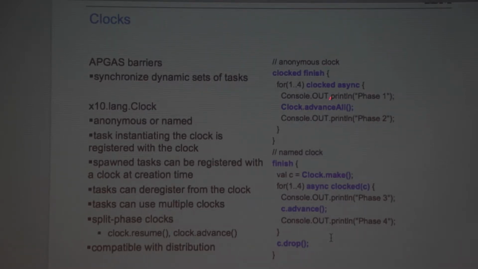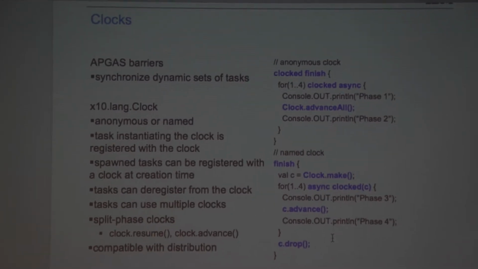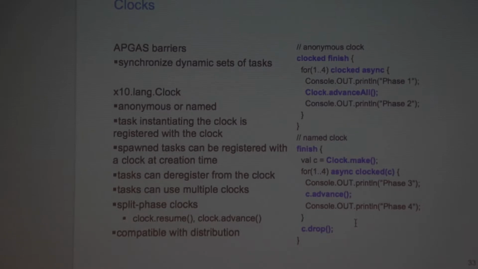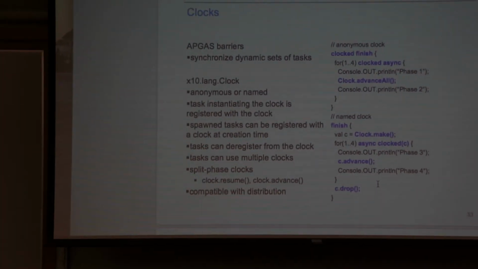So when an activity comes to this point, invokes advance all, it's going to block until all other activities that are registered on this implicit clock have similarly entered an advance all method call. Is that clear? Once they do, then all get released. Yes? How is that different from barrier? No, it's not. Insofar as I've described it, it's not different from a barrier, except that it's dynamic.